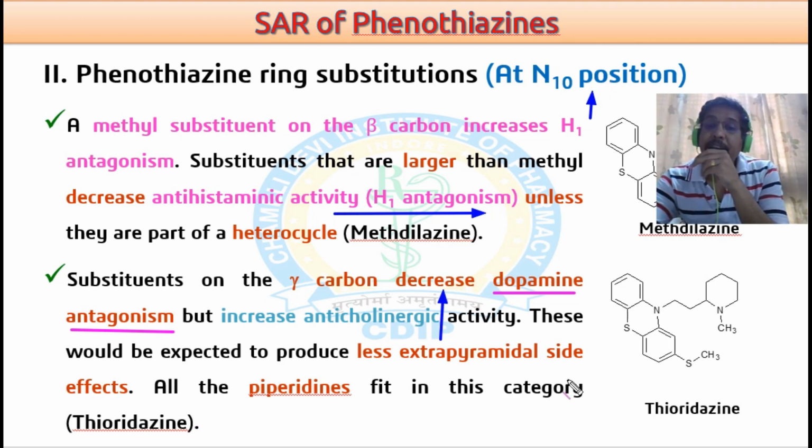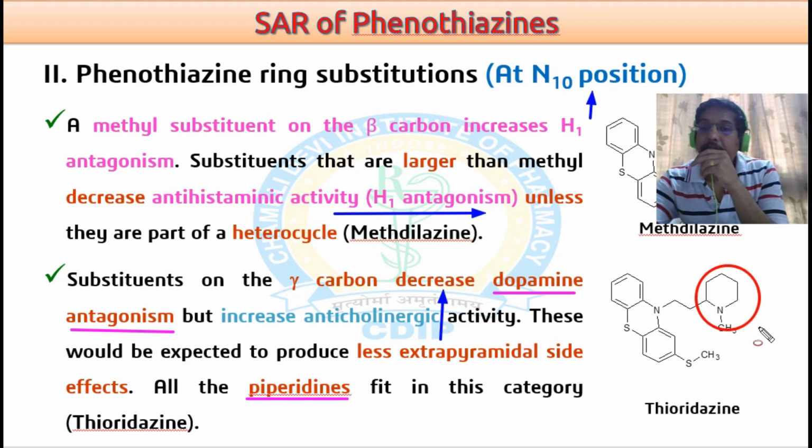The piperidine derivatives fit in this category, where the gamma carbon is substituted by the piperidine ring. An example is thioridazine.